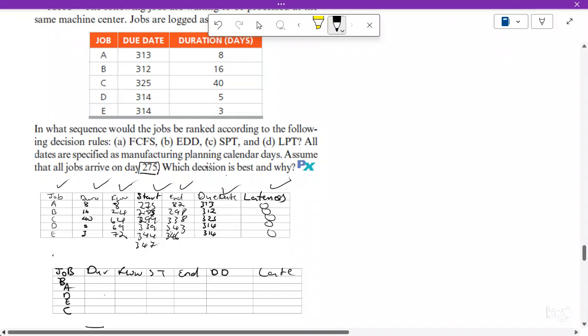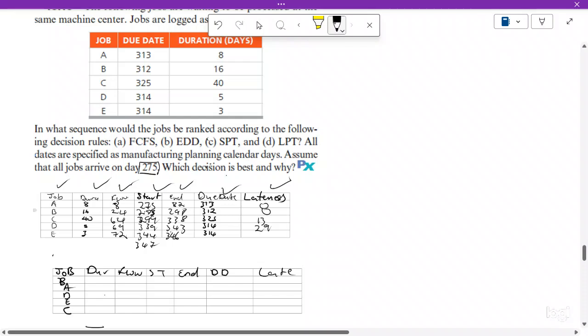Now we have better information. From here, you're getting negative. Okay? 325 minus 338 becomes 13. 314 minus 343 becomes 29.